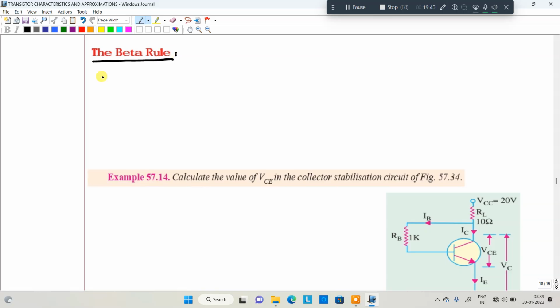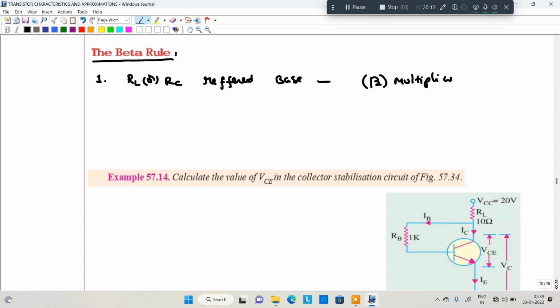The first point you need to remember: when RL, that is a load resistance, or RC, that is a load or collector resistance, is referred to the base circuit, same as transformer referred to primary and secondary side, it is multiplied by beta.